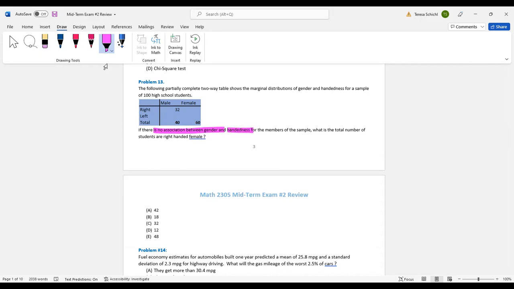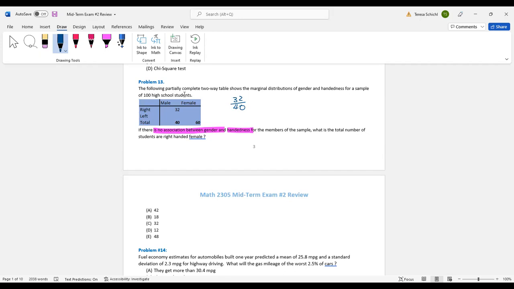When it means no association, gender and right-hand, left-hand should be independent, right? So if I say 60% of people are right-handed and 40% are left-handed, then the male and the female should be around these ranges. Right now, the right-handed male is 32 out of the 40.